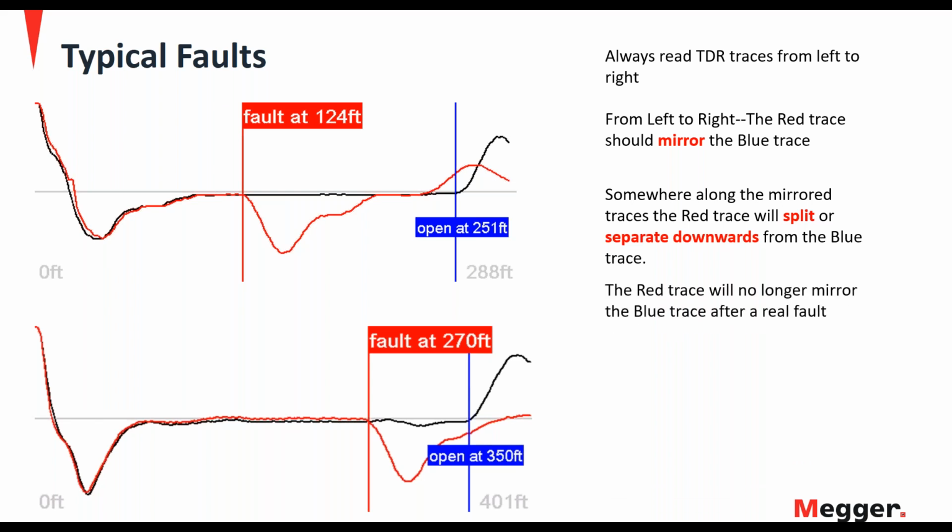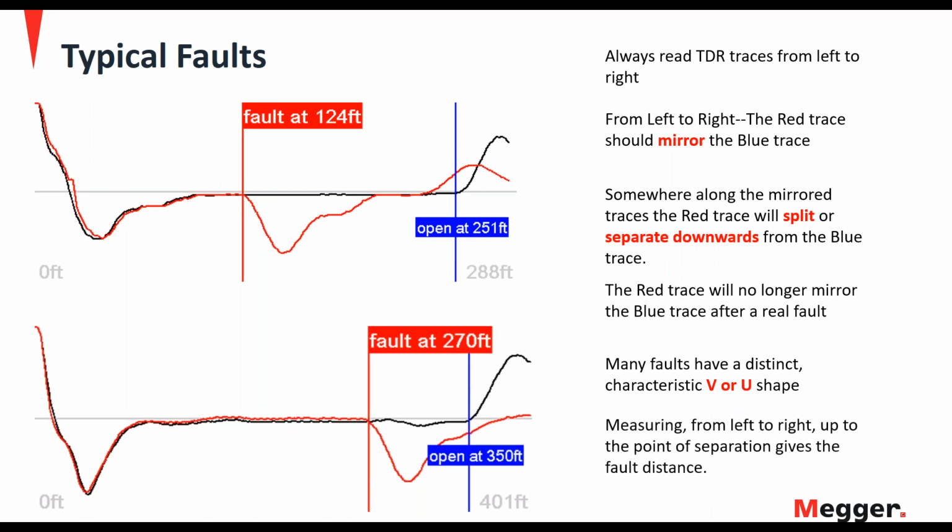And after that separation, the red trace will no longer mirror the blue trace. We're also looking for this characteristic U or V shape of the fault. And if we measure from left to right out to that separation point, that is where the fault distance is. So this is just the steps that we would go through to verify a typical fault.